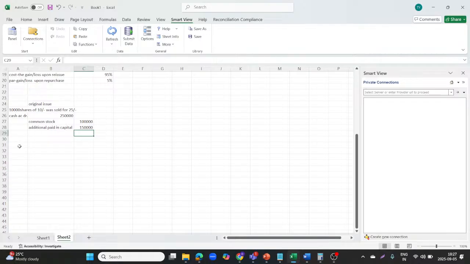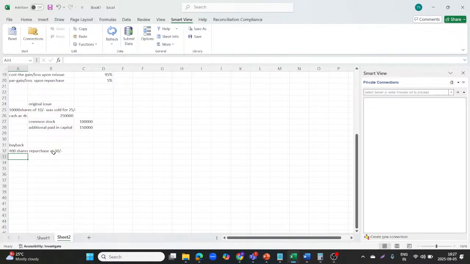Now, if you are buying back above the issue price, suppose 400 shares are repurchased at 30. The par value was 10, you sold it at 25, and now you are buying back 400 shares at 30 rupees each.